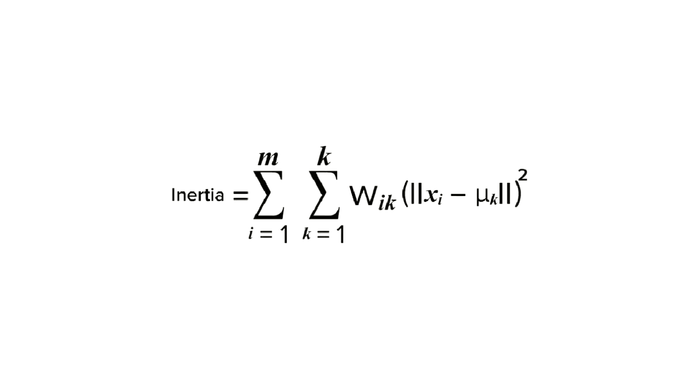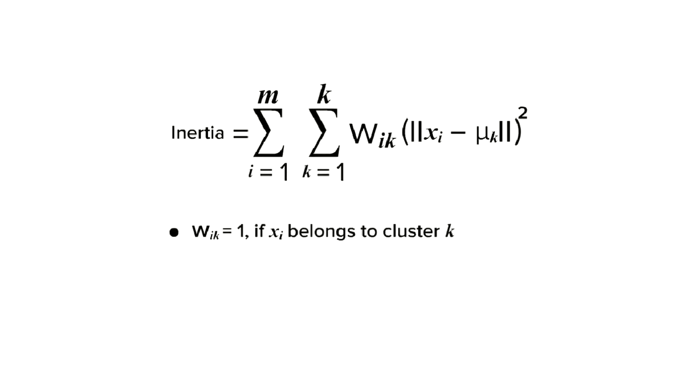Now, let's look at the formula for calculating inertia. Inertia is calculated for each cluster using this formula. So, we take the sum of distances of the points from the centroids of their respective clusters. Here, Wik is a variable which will be equal to 1 if the point xi belongs to cluster k.